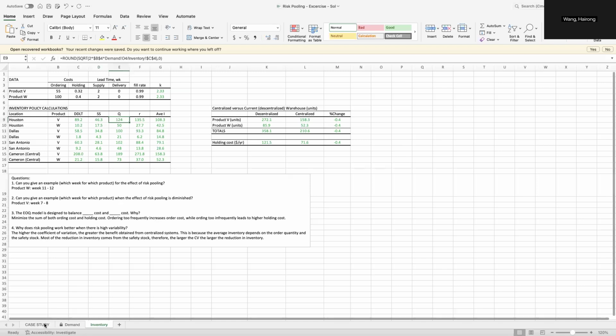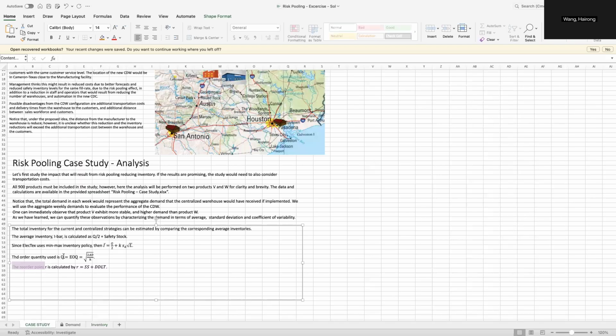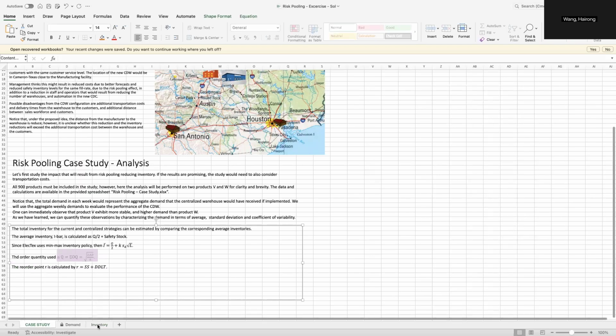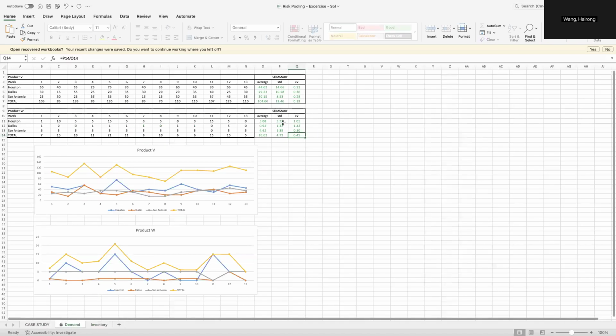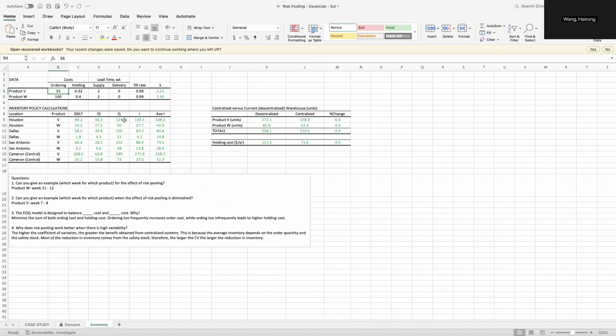By using the formula here, we can calculate our optimal order quantity as the square root of 2 times the ordering cost per order, which is given here, and the average demand, which has been calculated in this demand sheet right here, and then divided by H, which is the holding cost per unit per year, which is given here.